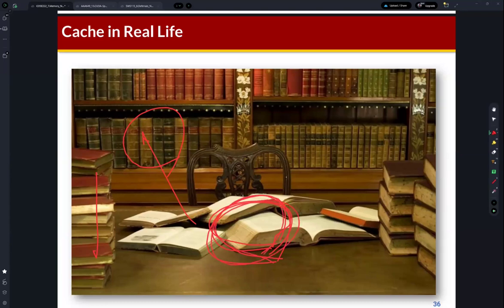So we can think that this is the purpose of cache, right? And then we can think that the many books on a bookshelf are the main memory, right?